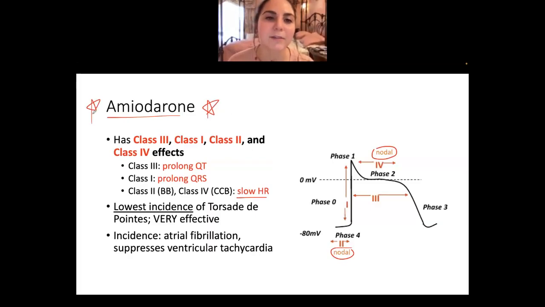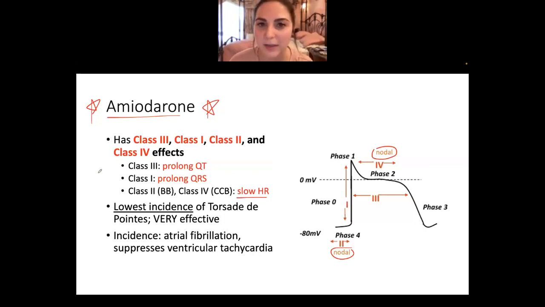So amiodarone, they love giving amiodarone, and I think they love giving it so much because it has a really low incidence of torsade. So class 3s are great, like I just mentioned, it's great to extend the effective refractory period, that breaks most arrhythmias, but a lot of the times you're basically precipitating torsade if you give a class 3 and you're not watching.